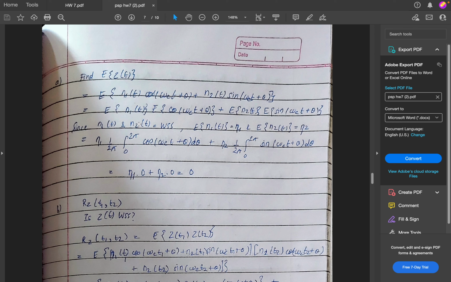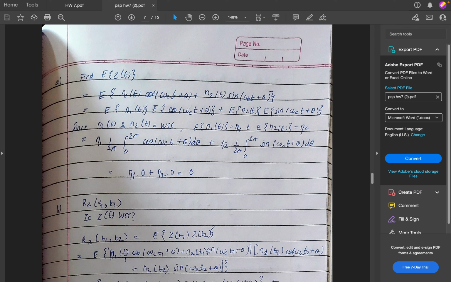So we can plug in the values of the expected value of n1(t) and n2(t) as η1 and η2. The equation becomes η1 times the expected value of cos(ωc t + θ), which we find by integrating over 0 to 2π.